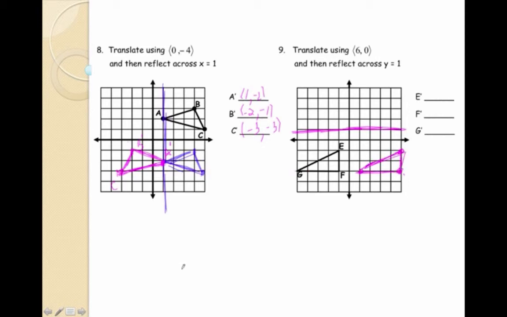So there that is. And then we reflect across this line. So up 1, 2, 3, 4. Up 2, 2. 1, 2, 3, 4.